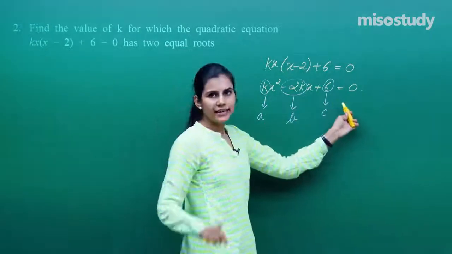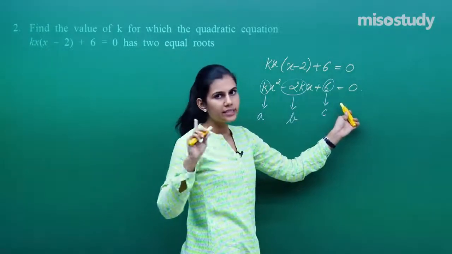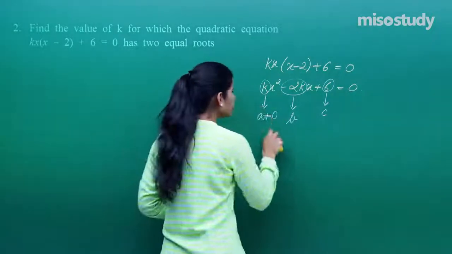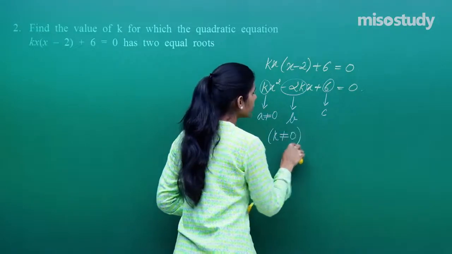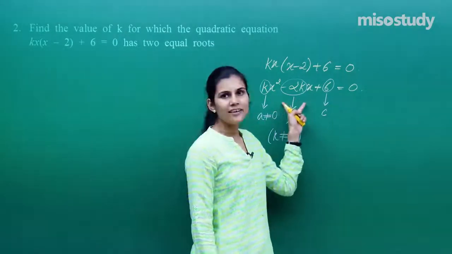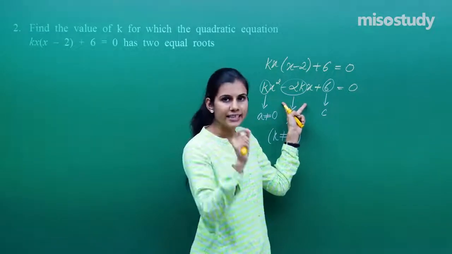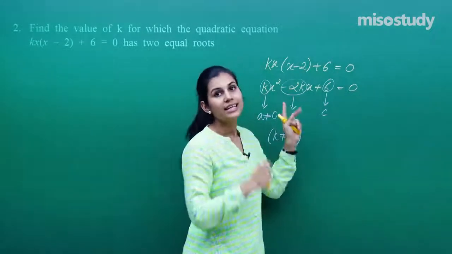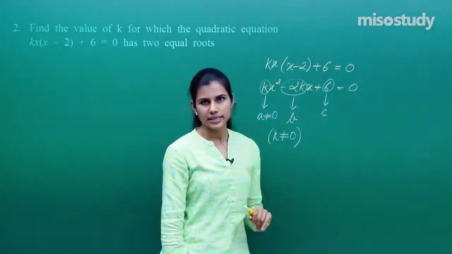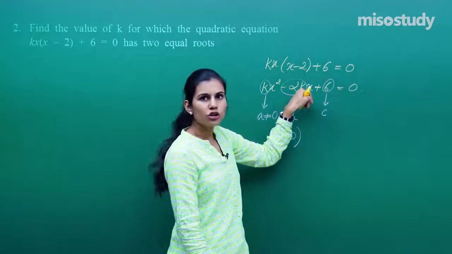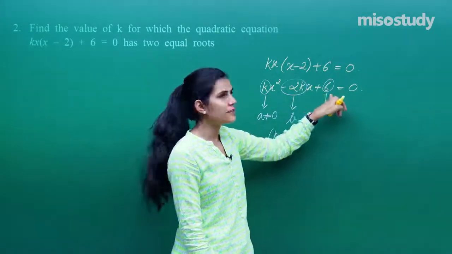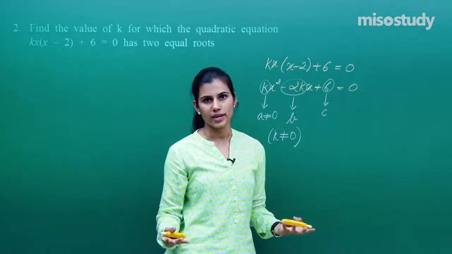It is given that this is a quadratic equation, so definitely a is not equal to 0. That means for sure k is not equal to 0, because if k were 0, the coefficient of x square would be 0 and the degree of the equation would no longer be 2. It would be 0x square minus 2kx plus 6, and here also k is sitting, minus 2 into 0 into x gives you 0, so you would just be left with a constant 6, which is definitely not a quadratic equation.